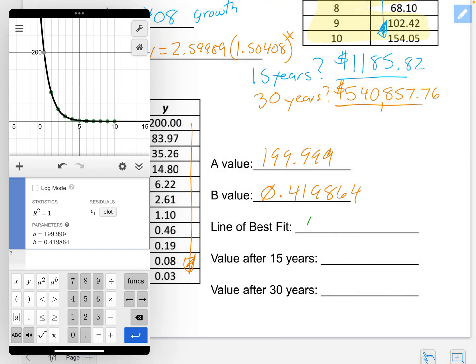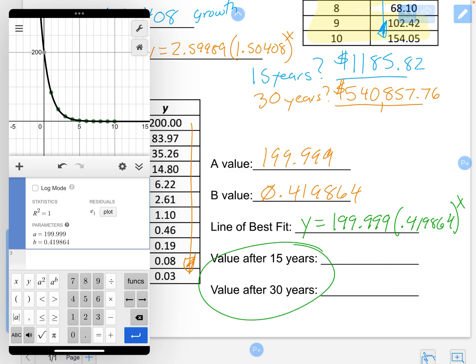And then our line of best fit is Y equals, we write our A value, 199.999, parentheses, 0.419864, all to the X. I put this part right here to show that we could do what we did in the previous problem.